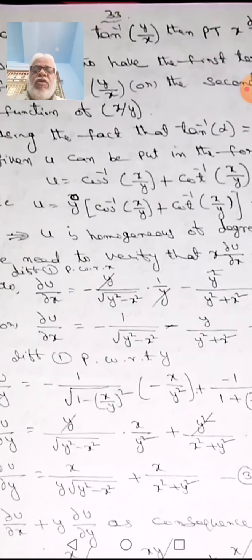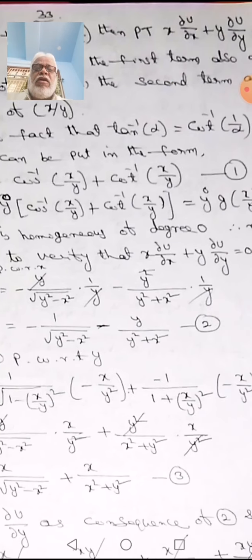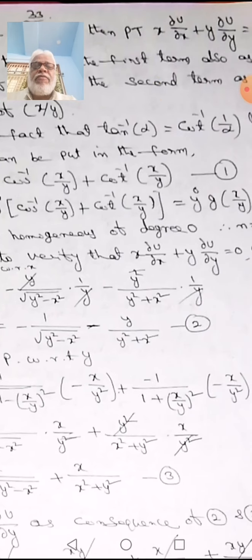So u is equal to y to the power of 0 times cos inverse x by y plus cot inverse x by y. You can write this, and y power 0 becomes 1. So u is equal to 1 into cos inverse x by y plus cot inverse x by y.